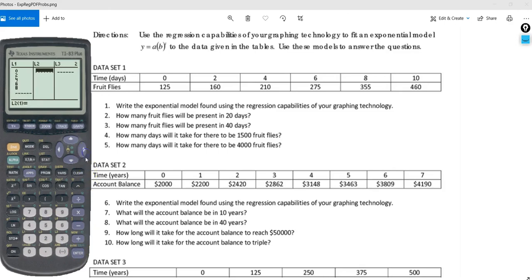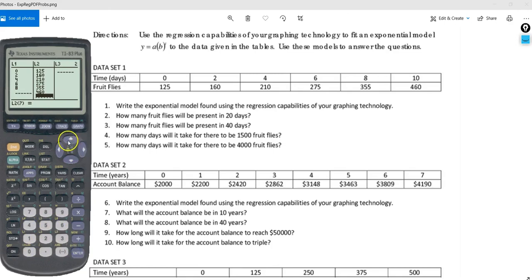And then I'm going to scroll over to my list 2, and that's going to be 125, 160, 210, 275, 355, and 460.